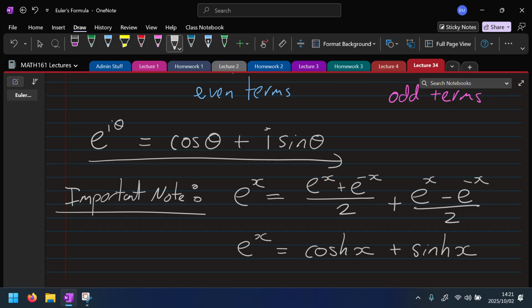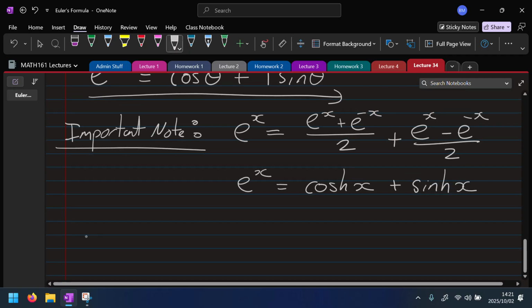So e to the x being real, we get hyperbolic cosine plus hyperbolic sine. Now, what happens when we put in something that's imaginary? i theta, that's imaginary. We get cos theta plus i sine theta. Please note the relationship between those two. We'll have a look at this in a lot more detail later on, but for now, just look at the similarities.